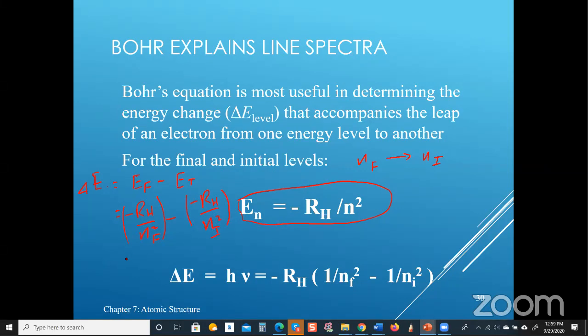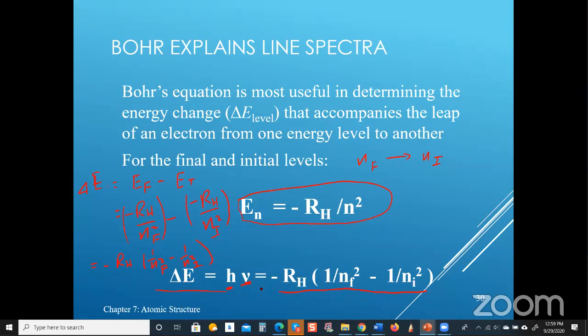And then if you factor out minus RH, you're going to get 1 over N final squared minus 1 over N initial squared. And that would be equal to h nu, where nu is the radiation that is either absorbed or emitted, and h, of course, is Planck's constant.